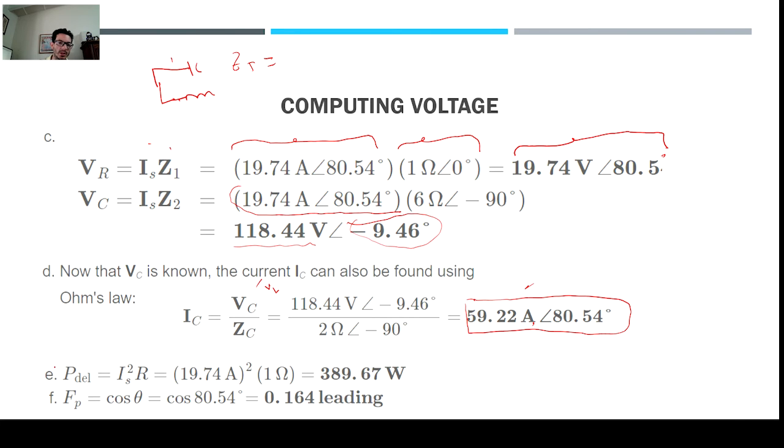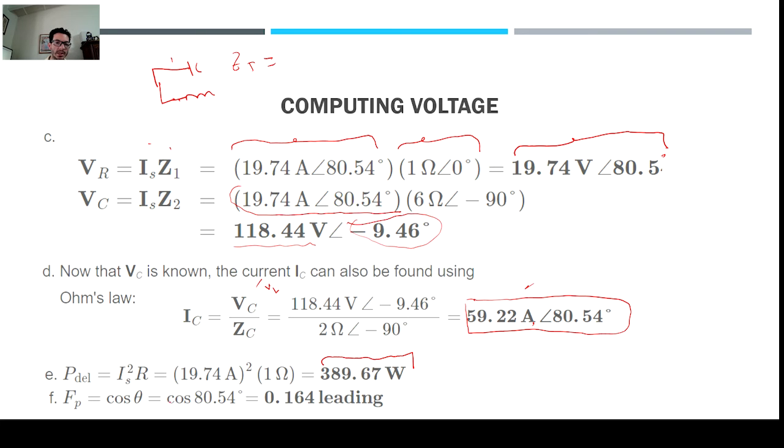Now they ask for the power delivered, and if you notice, 19.74 is the current from the source. So power is I squared times R: 19.74 amps squared times 1 ohm, which is the resistor, gives us 390 or 389 watts.